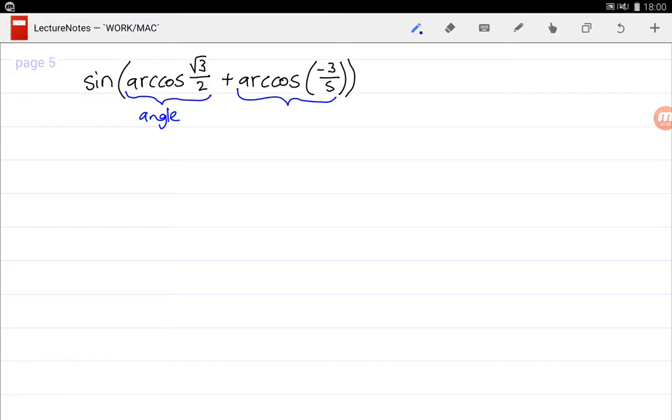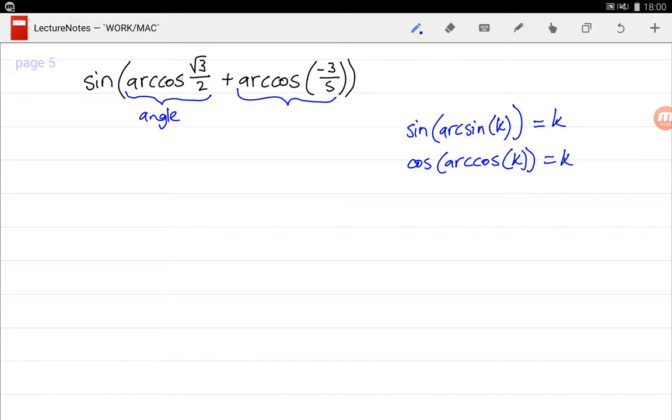And we're going to be using similar facts, like ideas of sine of arcsine of, let's say, a ratio k is equal to k, and cos of arc cos of a ratio k is also equal to k.